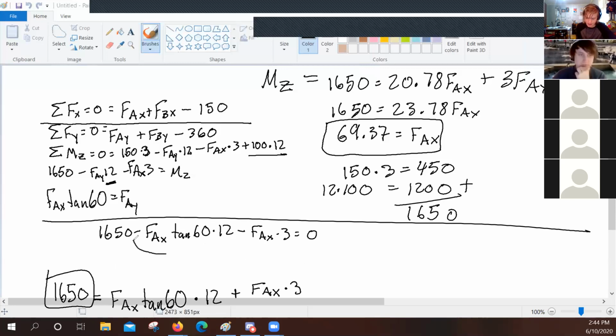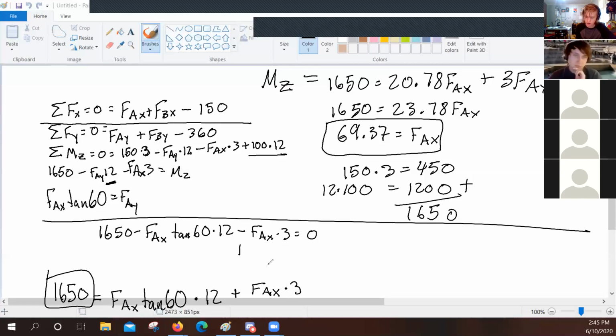So what I did was I added this to both sides, and then after that I added this to both sides. If I add plus FA of x tan 60 times 12, this whole block equals 0, because it's the minus version of that plus the plus version of it. And then if I also add this to itself, I get plus FA of x times 3. Those add up to 0.